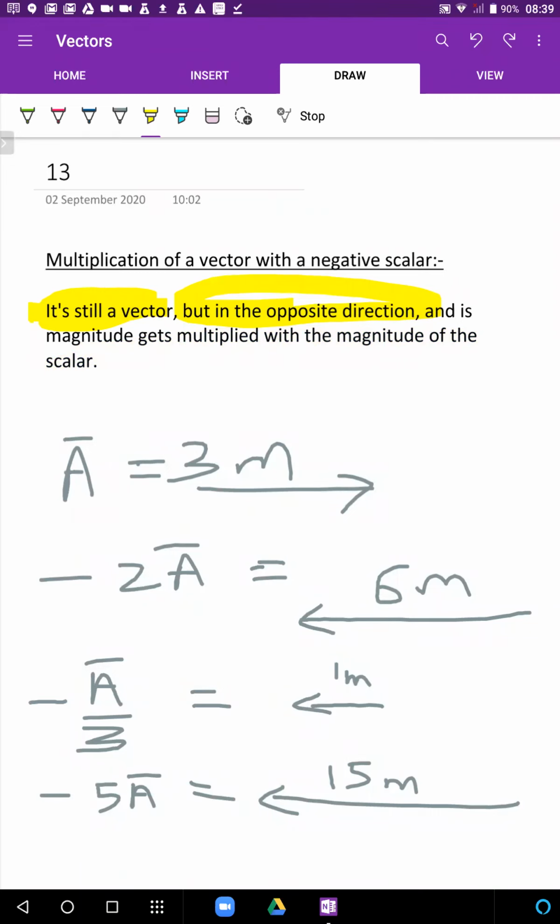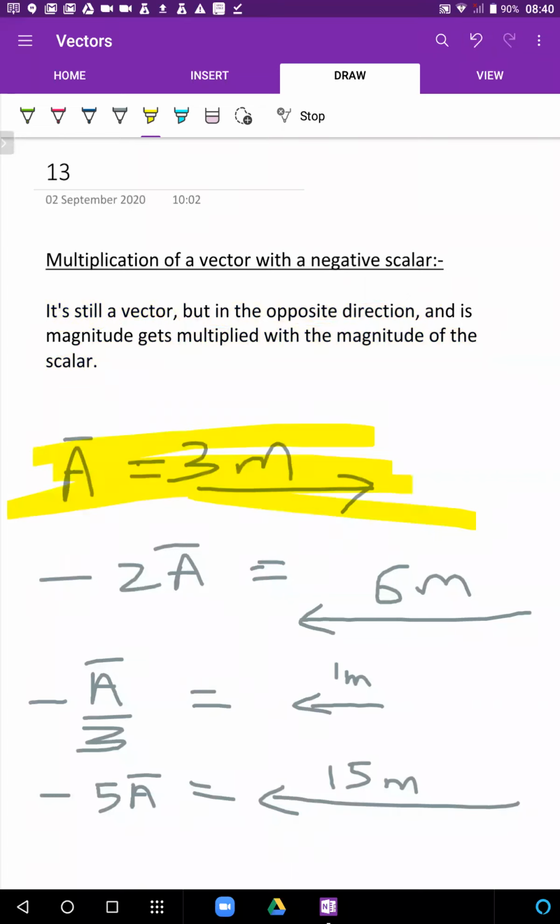मतलब इसका मतलब क्या है? एक बार देखते हैं. तो जैसे अगर तुम्हें पता है कि a bar है 3 meters towards right, -2 a bar क्या हो जाएगा? तो -2 a bar, एक तो the minus sign will first change the direction. तो direction right की जगह left हो गया, उल्टा हो गया.